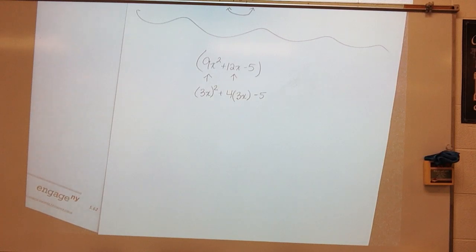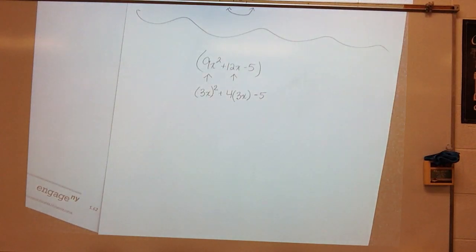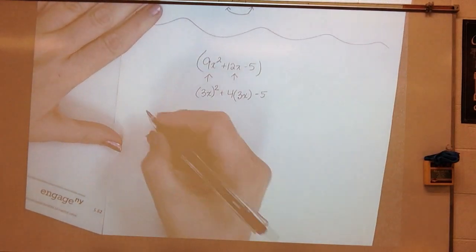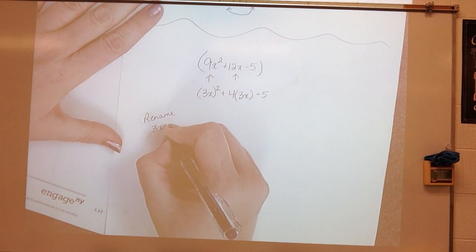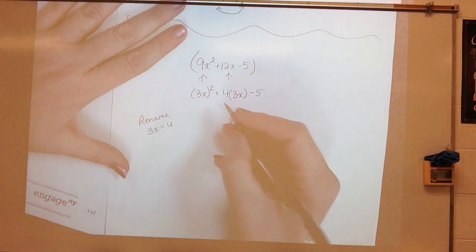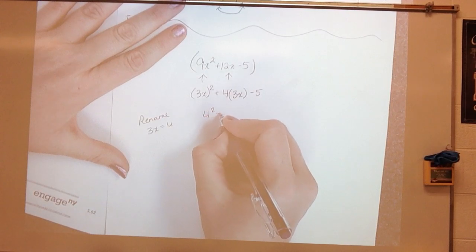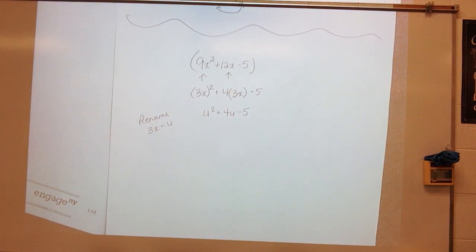Alright, so now I know that 3x is common throughout. So what if we rename 3x? We'll rename 3x as u. All right, so when I rename 3x, look what I get. U squared plus 4u minus 5.